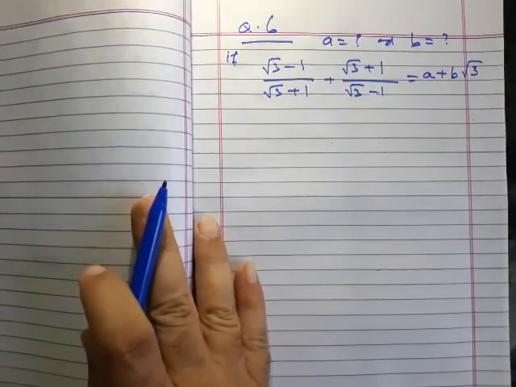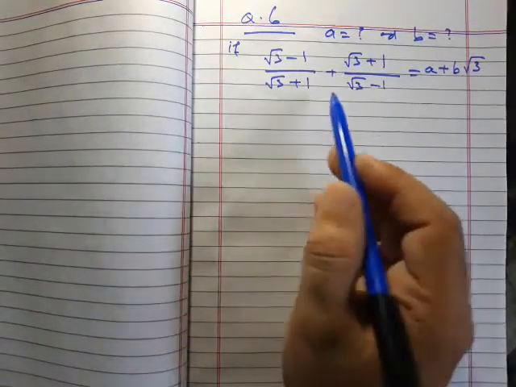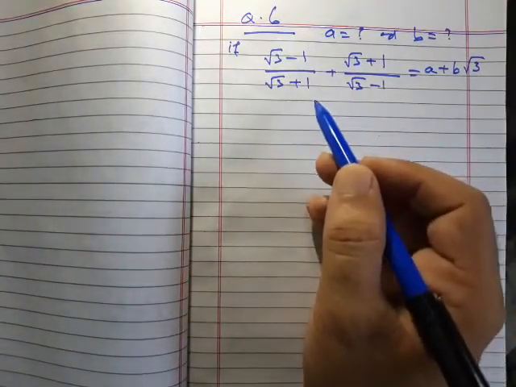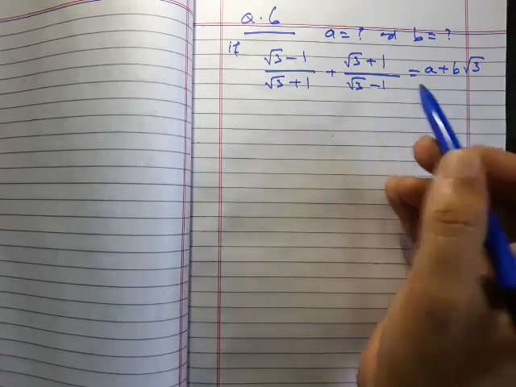In the same way, we have to rationalize both fractions separately, then we will be able to find A and B.